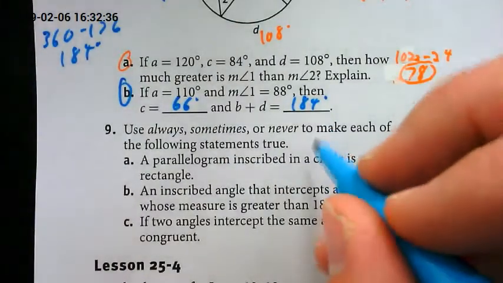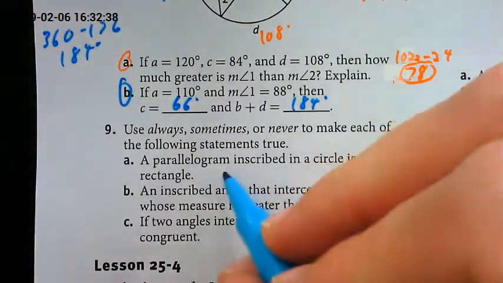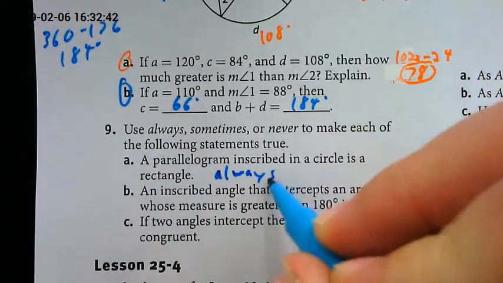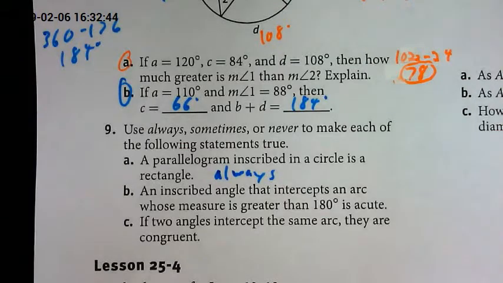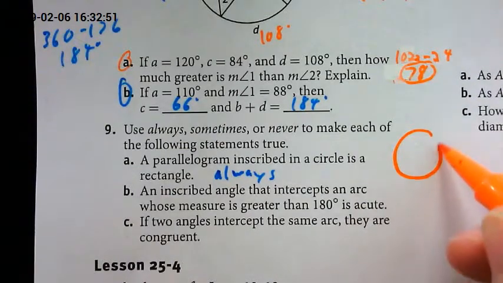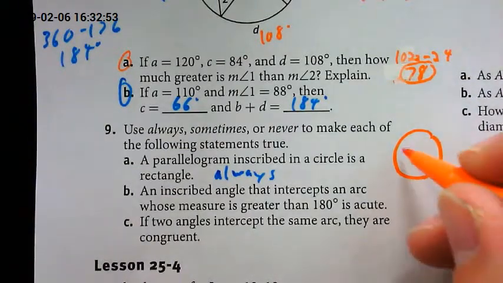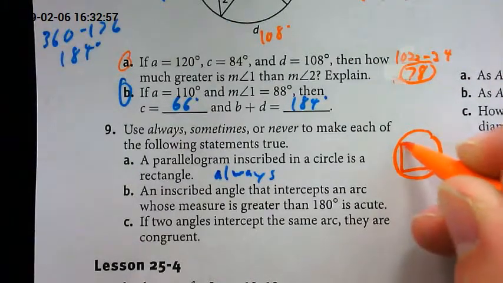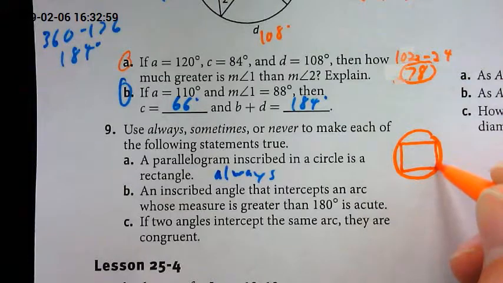Yeah, I can draw it. So, watch. Here, I'll draw a circle for A. So this is for A. All right. I'm going to go ahead and draw a rectangle here, because it is going to end up being a rectangle.